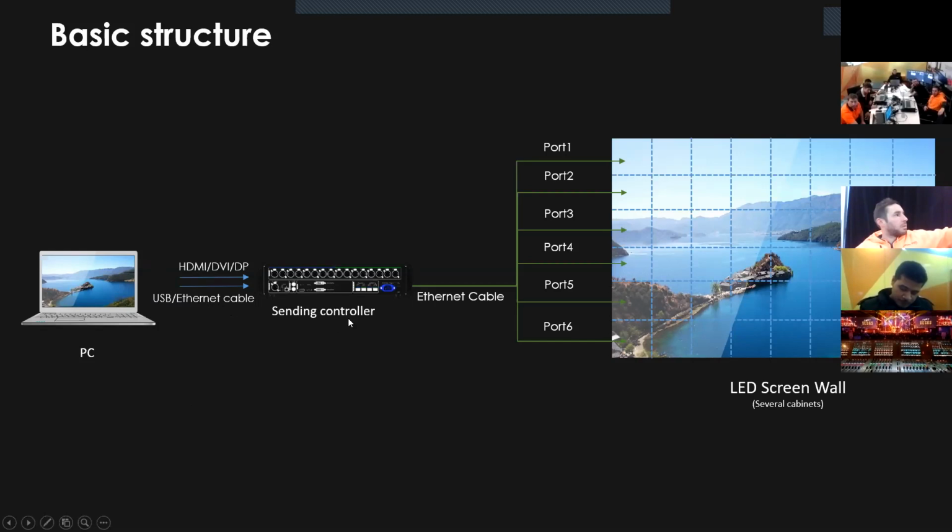For the sending controller, we can see here there are 16 Ethernet outputs, and we just run the screen by Ethernet cable. The LED screen wall has several cabinets, so we run them by Ethernet cable directly from those ports.